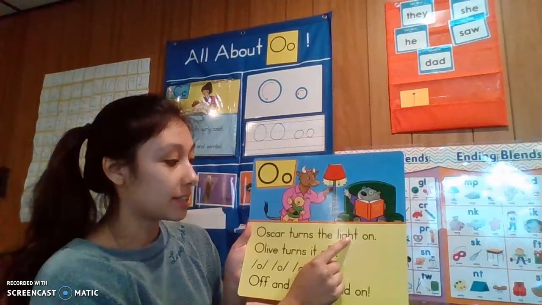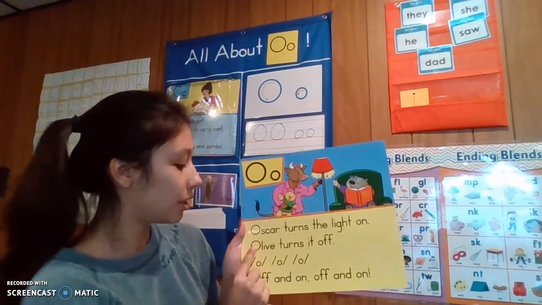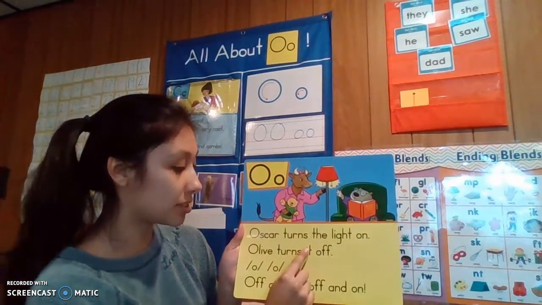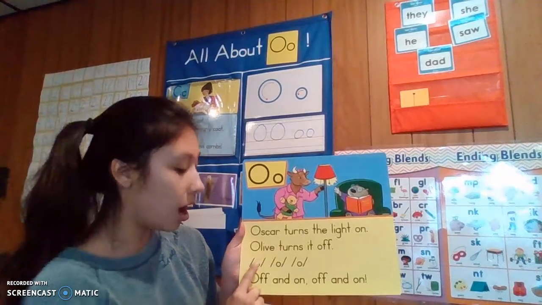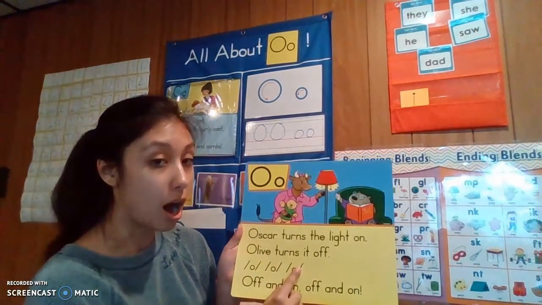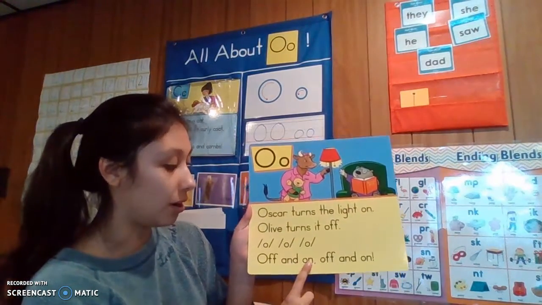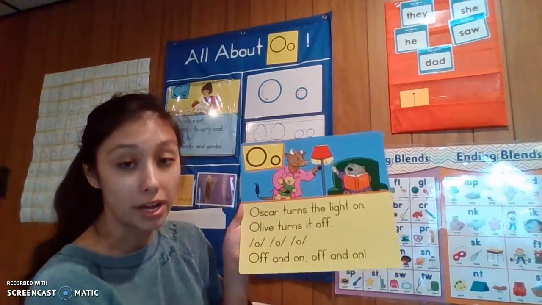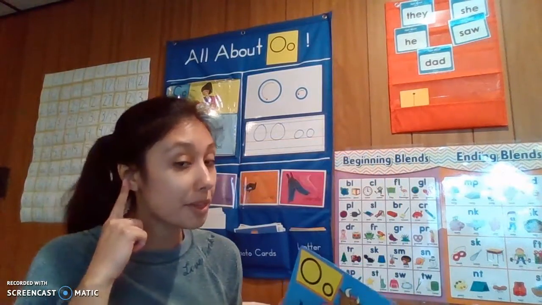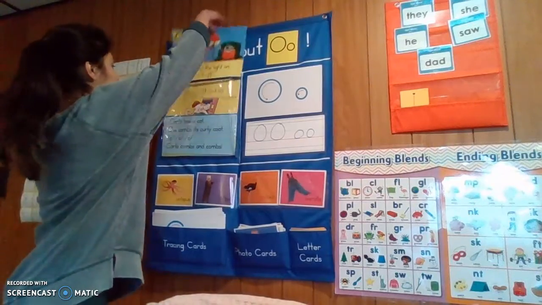Oscar turns the lights on. Olive turns it off. Off and on, off and on. Did you hear what the letter O said? See if you can make that sound.